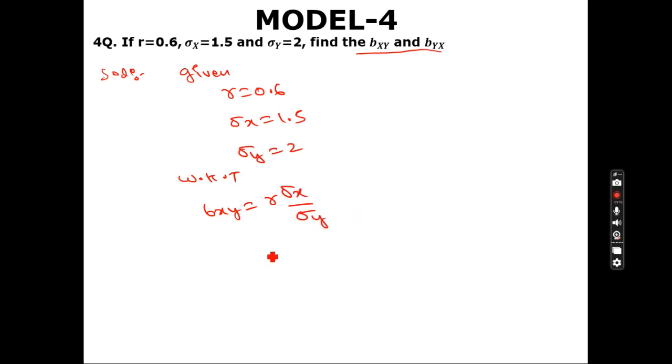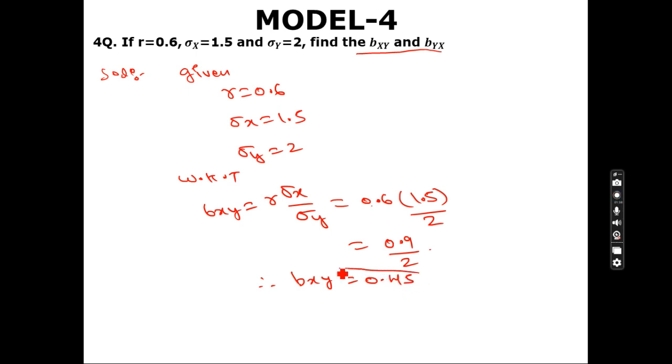Replace all these values in the formula. r is 0.6 into sigma x, which is 1.5, divided by sigma y, which is 2. So 0.6 into 1.5 is 0.9, divided by 2. Once you divide this, you get, therefore you write, bxy is equal to 0.45.